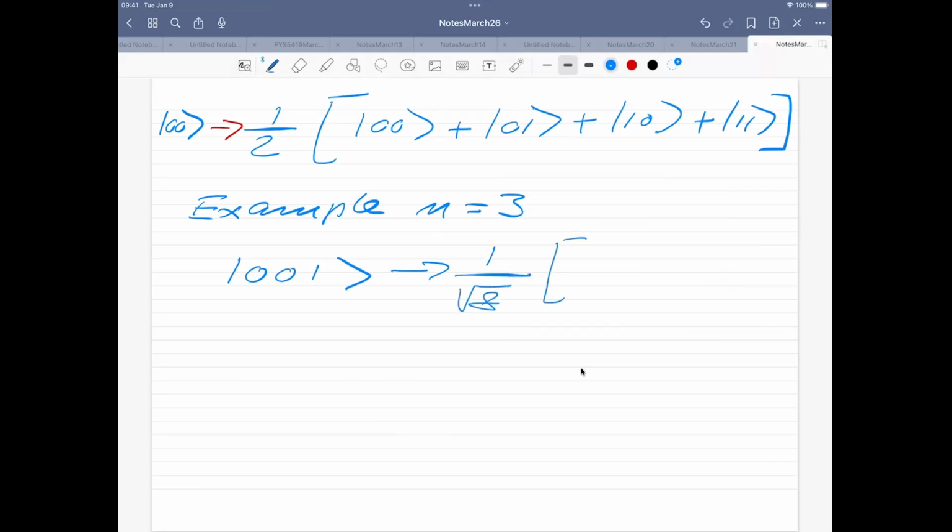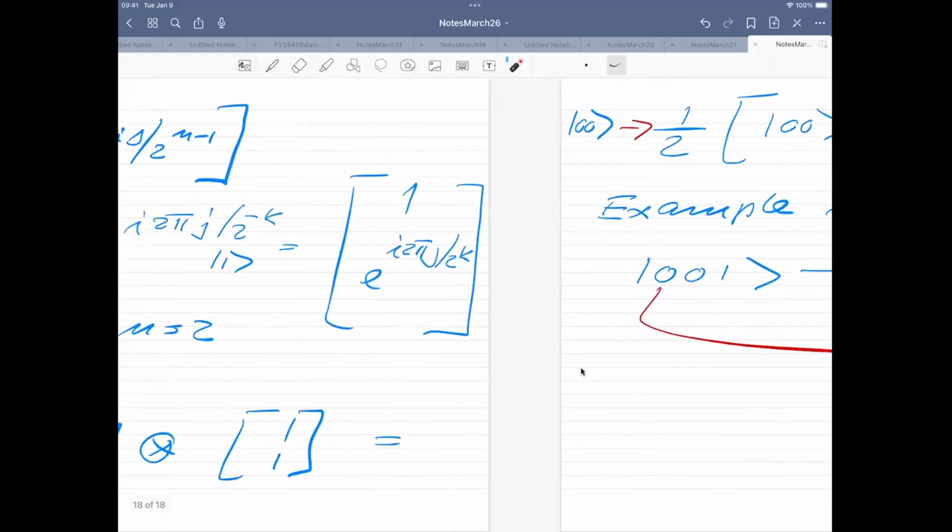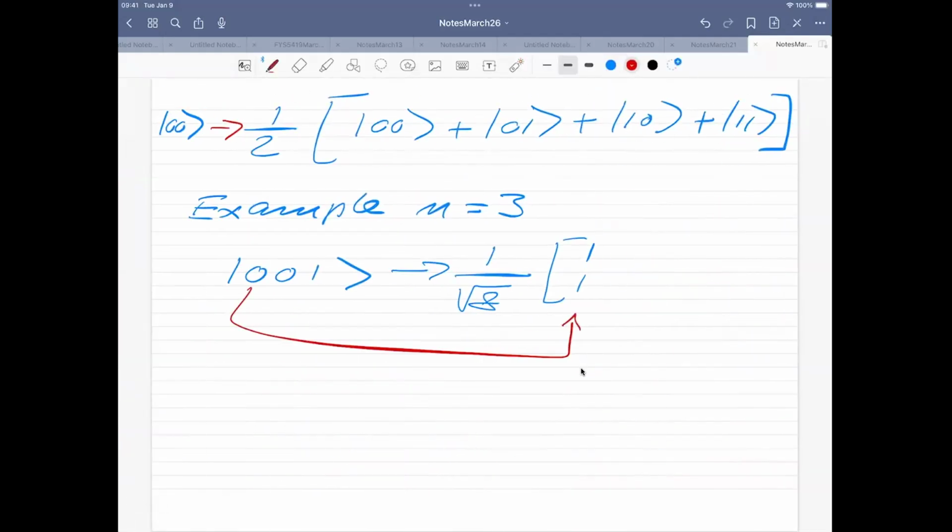Now the first state, 1, 1, which we are going to get, this comes from the state here, this one. And if you look back at these transformations, this is now going to be given by this term here. And since I have 2 to the power of 0, and then I'm putting 0 here, then I just get 1. So I have 1, 1. So that means that I will get a transformation here where we'll have 1, 1.